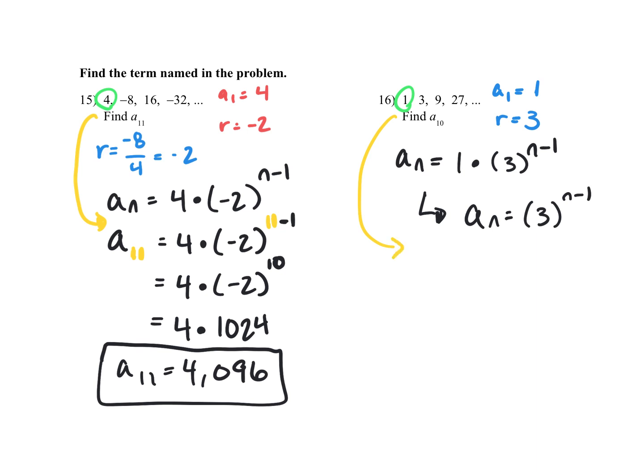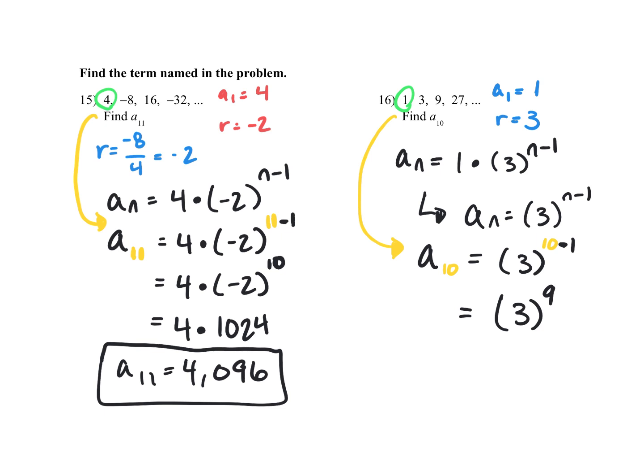Then I can take this and solve my final term. So I want to find a to the 10th power. So that means I would get 3 to the 10 minus 1. Well, if I reduce that, I end up getting 3 to the 9th power.